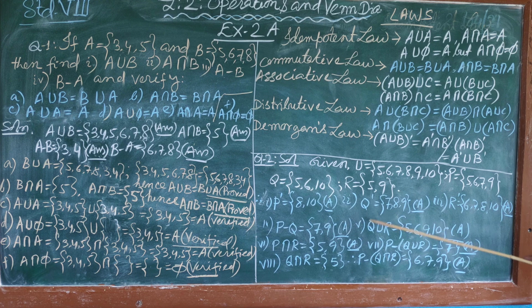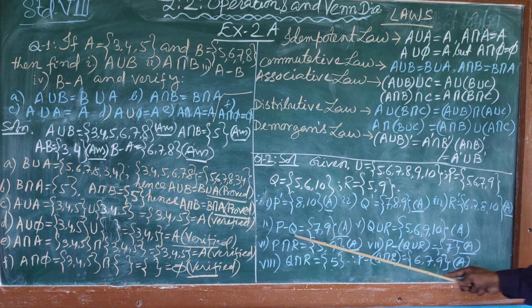That is the answer. Q complement: leaving the elements of Q, which has 5, 6 and 10, don't take them. 7, 8, 9 will be the answer. Now R complement: 5 and 9 are to be left out from here. So you get 6, 7, 8 and 10. 6, 7, 8 and 10 is the answer.